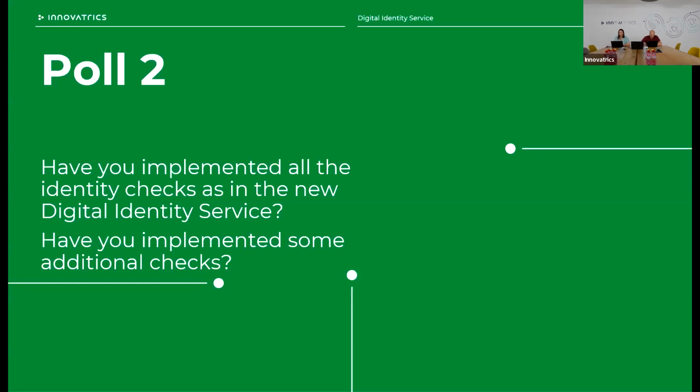And now we would be having another poll for you. So Janka, please go ahead. So this poll consists of 2 questions. You're not sharing, okay. The first one is, have you implemented all the identity checks as in the new digital identity service? And the second question is, have you implemented some additional checks? So I'll give you some time to answer the questions.